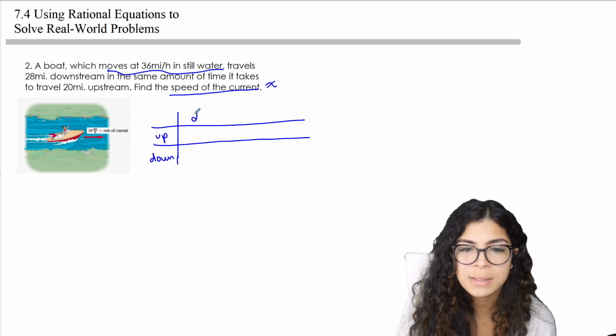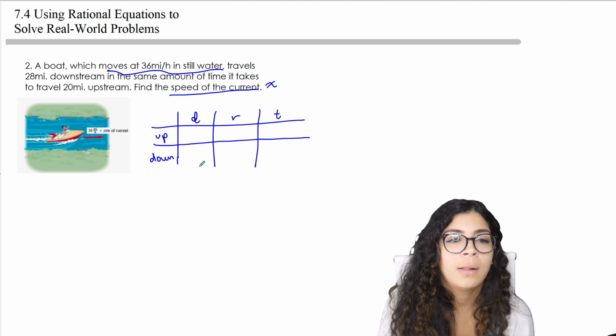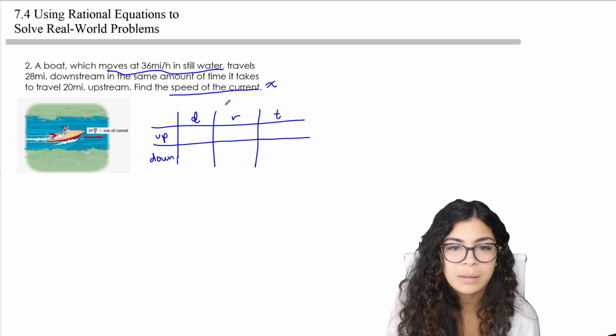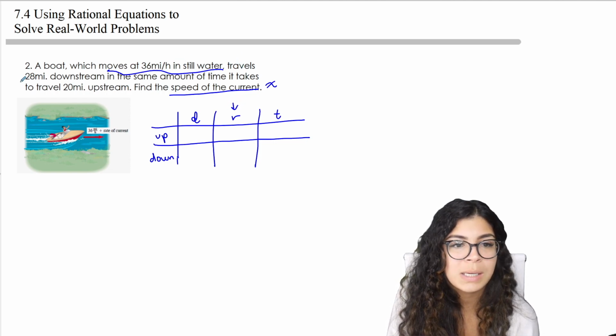Now again, we're going to do distance, rate, and time for all of these. 36 miles per hour is the rate in still water, so we're going to need that for the rate later on. But as far as the distance goes, it says 28 miles downstream.